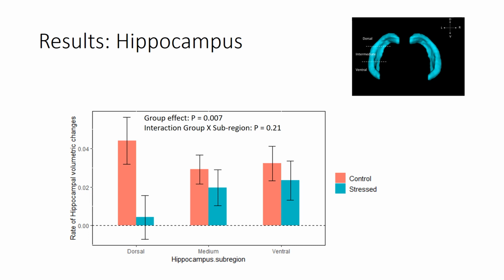However, we observed a significant effect of group, with the increase of hippocampal plasticity being lower in the group exposed to the chronic stress paradigm compared to the control group. The interaction between the group effect and the subregion effect was not significant.